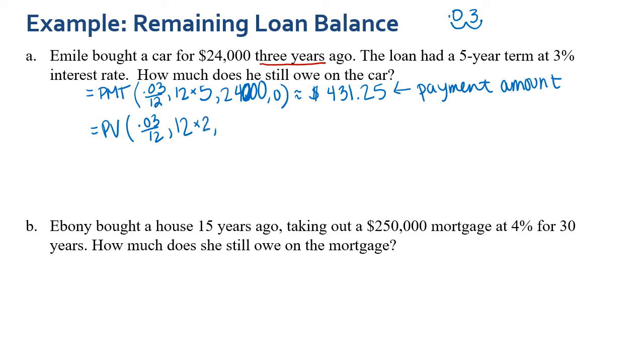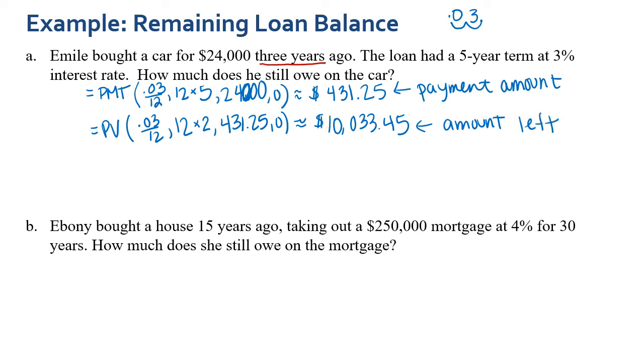That's what we'll use there. And then we put in the payment, which is $431.25, comma 0, and you'll end up getting about $10,033.45. So this is the amount that he has left to pay.